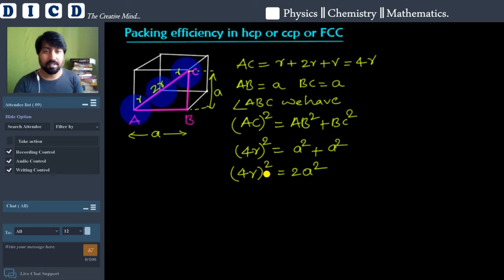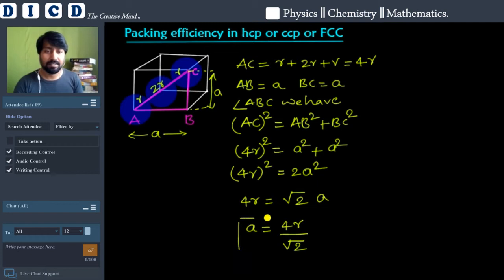Taking the square root on both sides, 4r is equal to square root of 2 times a. So the edge length a in terms of r is equal to 4r divided by square root of 2.